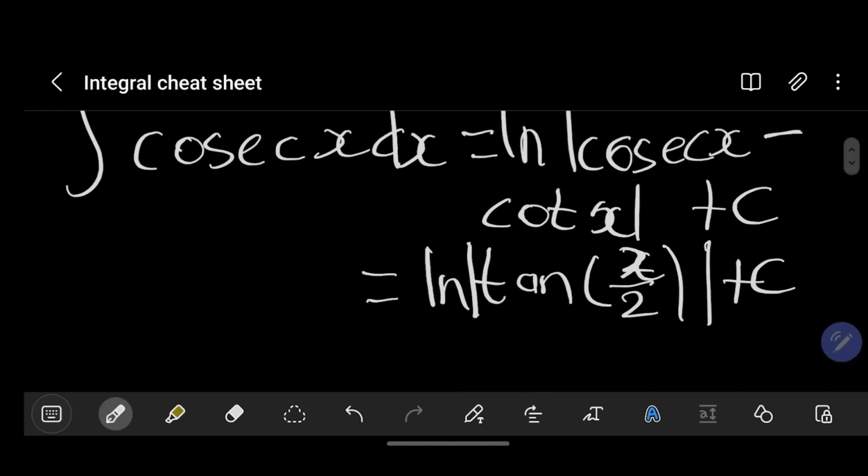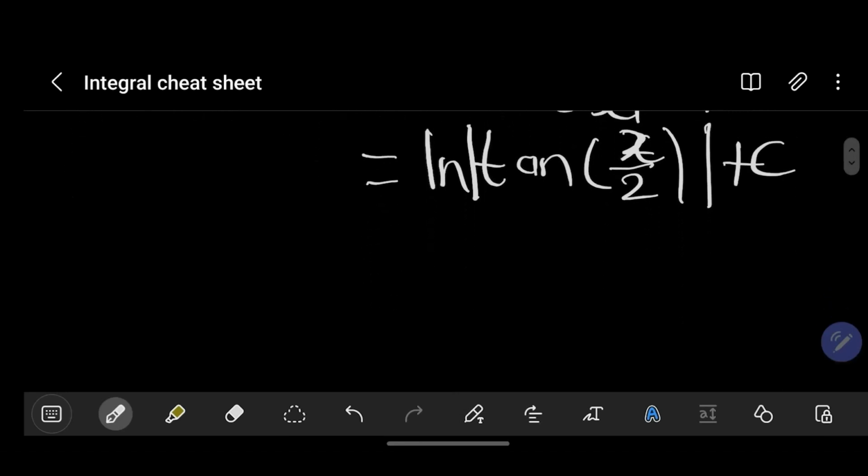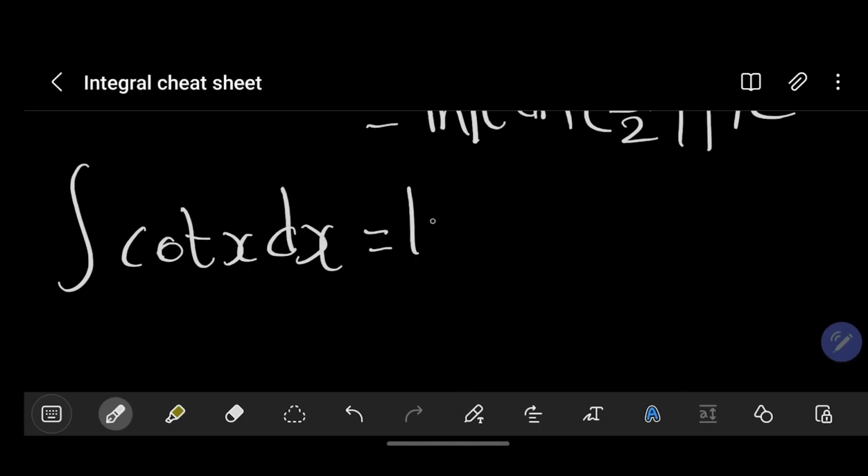Okay, so that's simplified. Then we have the integral of cot of x dx, and that's basically ln sine x plus c.